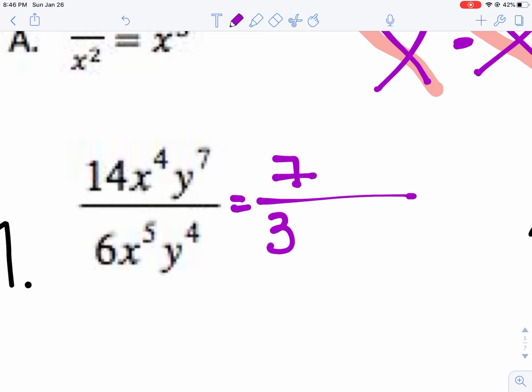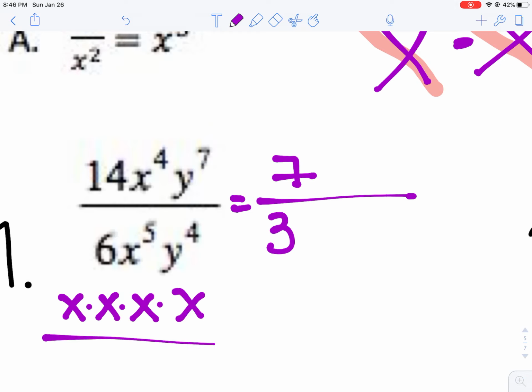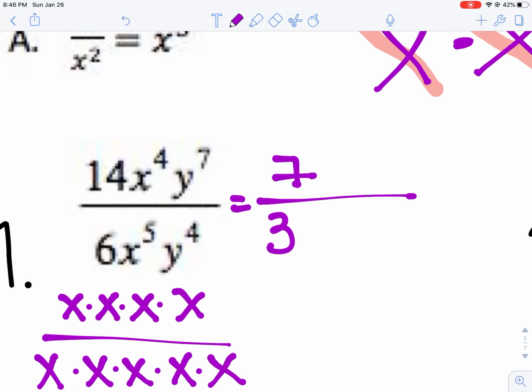If I have x to the 4th over x to the 5th, that is like x times x times x times x over x times x times x times x times x. My pairs cancel because they simplify to 1. So that simplifies to 1, that simplifies to 1, that simplifies to 1, and that simplifies to 1. So I have 1 x that's left over in my bottom.